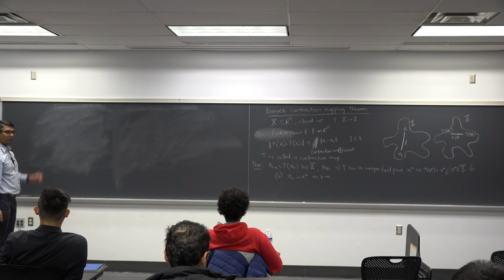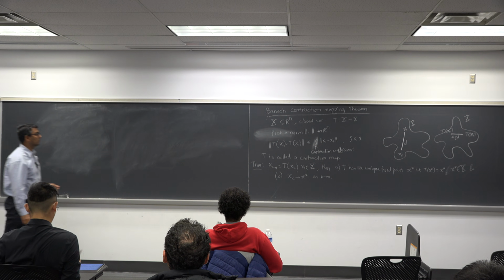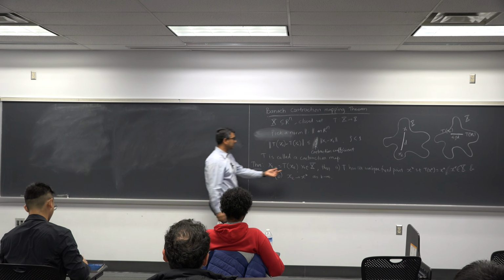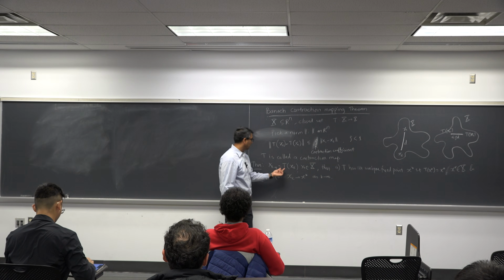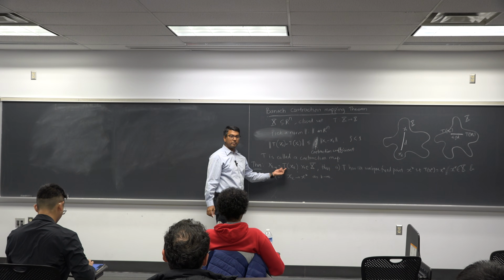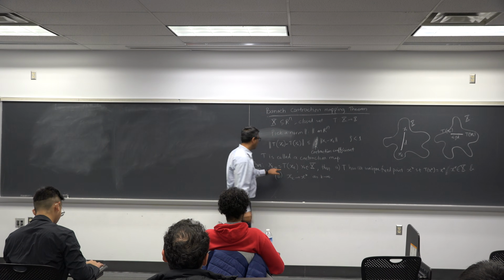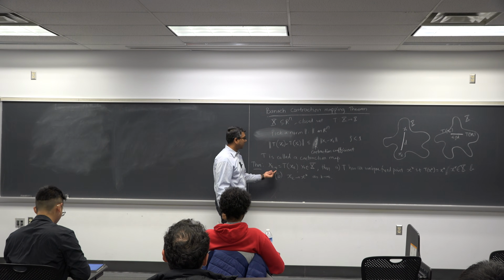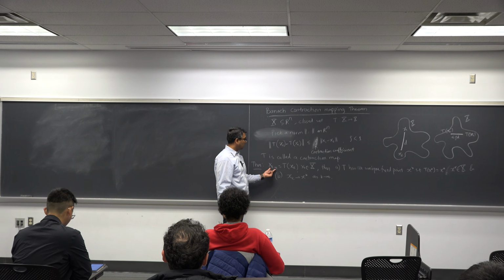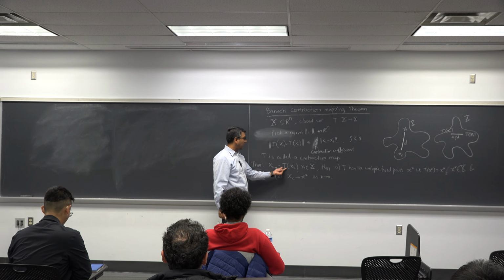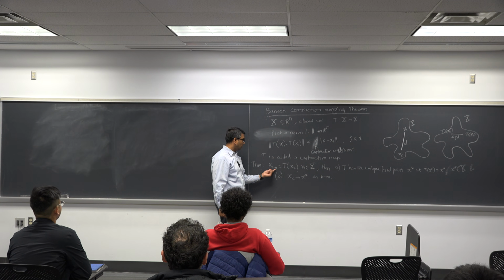Okay, so what are we looking at? I'm starting from some initial point in this set capital X. I'm iteratively applying the same map again and again, and I get a sequence x_{k+1} = T(x_k). In optimization, typically you apply a gradient descent algorithm or a mirror descent algorithm again and again on a point, and you get a sequence of points.